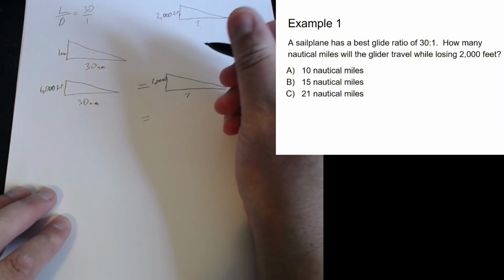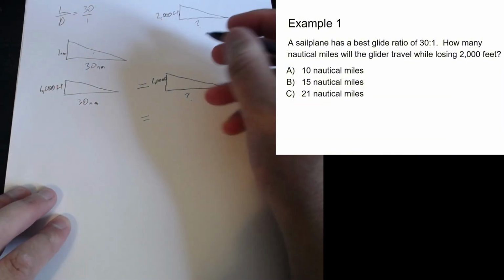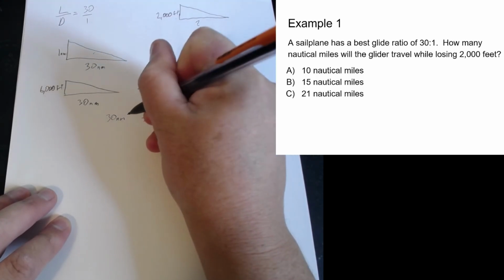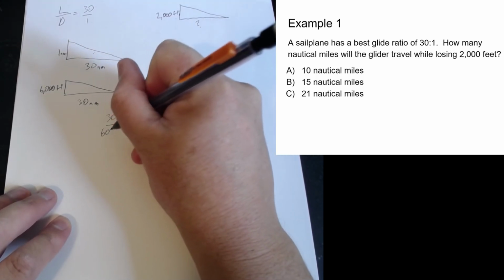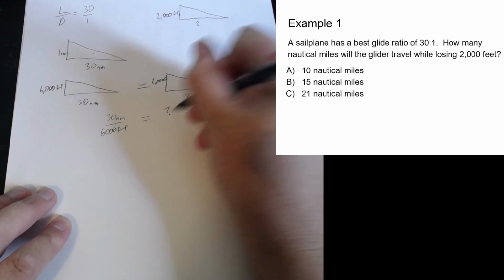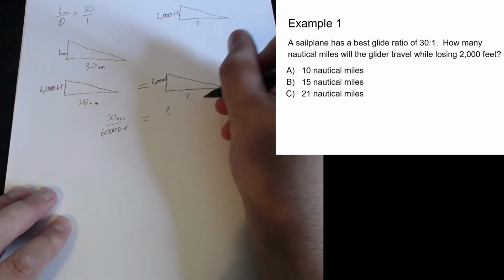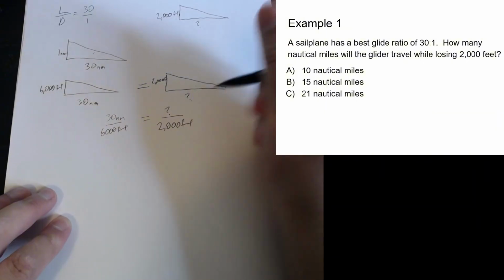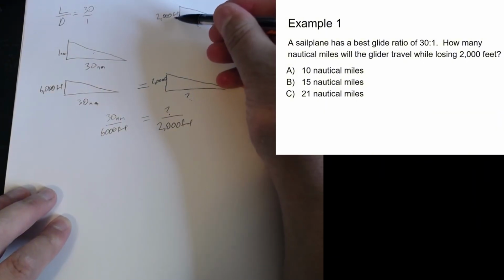So now let's write that as we would our normal L over D. 30 nautical miles over 6,000 feet equals question mark over 2,000 feet, which was what they gave us in the problem.